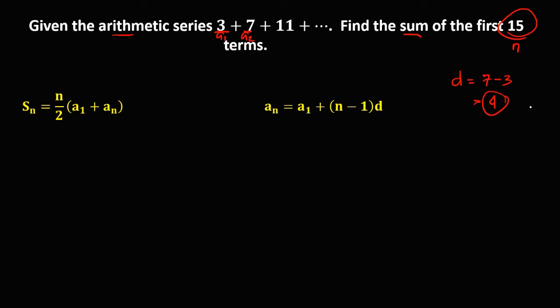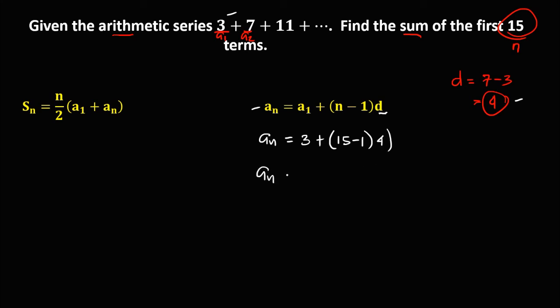So to find now the last term, from this formula we have a sub n equals a sub 1, that's 3, plus n. n is 15 because we have these 15 terms. So 15 minus 1 times the common difference, that's 4.